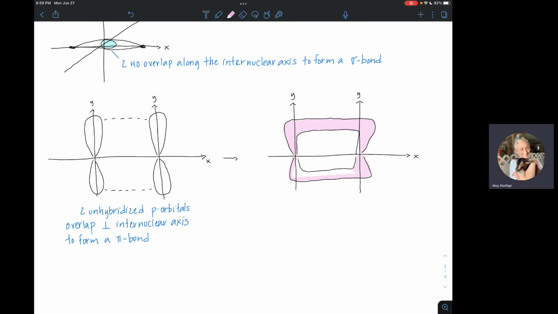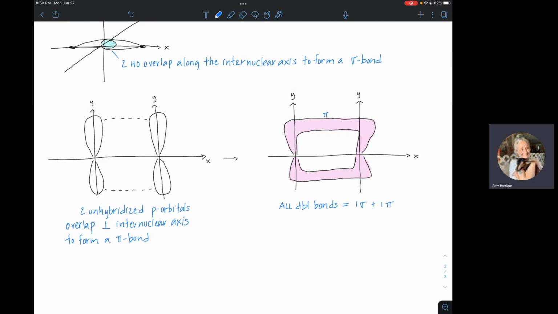Now, in a double bond, you have a sigma bond and a pi bond. Write this down under here. Here we have a pi bond. All double bonds are made up of one sigma plus one pi.